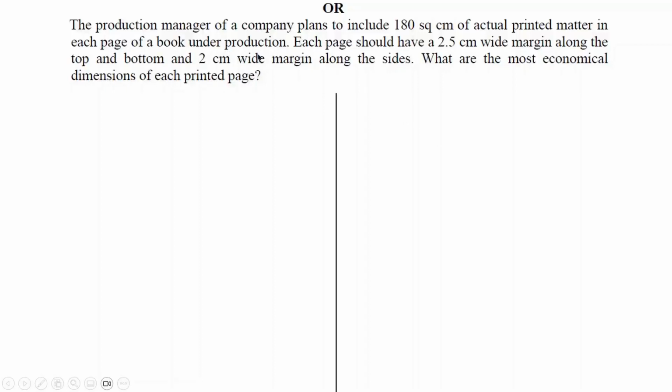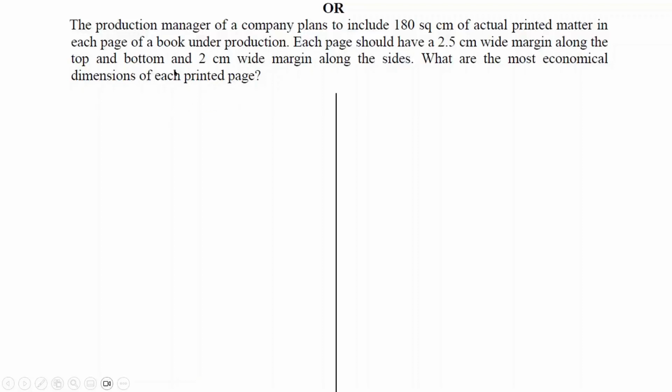The production manager of a company plans to include 180 square centimeter of actual printed matter in each page of a book under production. Each page should have a 2.5 centimeter wide margin along the top and bottom and 2 centimeter wide margin along the sides. What are the most economical dimensions of each printed page?